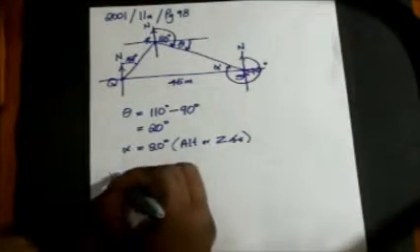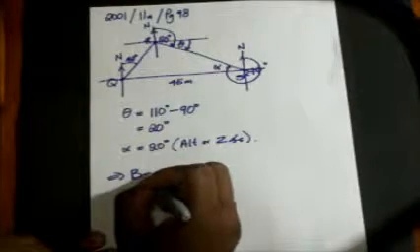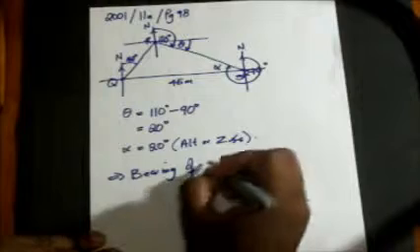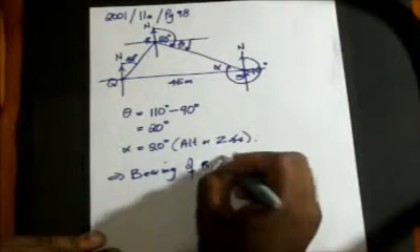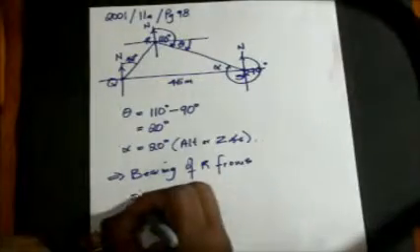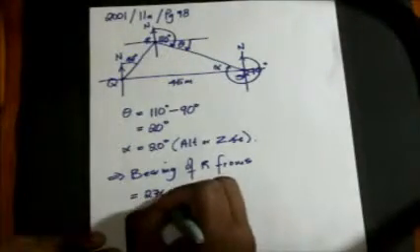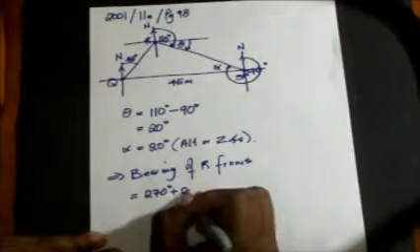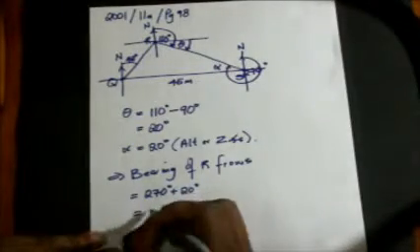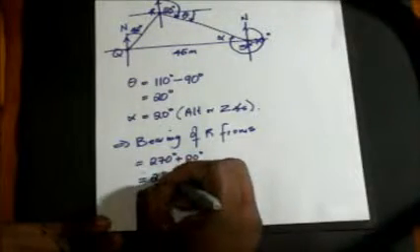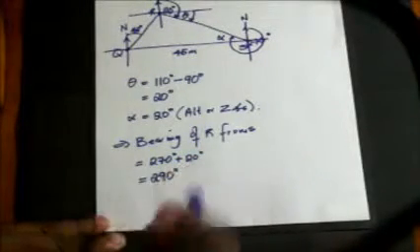Therefore, the bearing of R from S is equal to 270 degrees plus alpha, which is 20 degrees, and that bearing comes to 290 degrees.